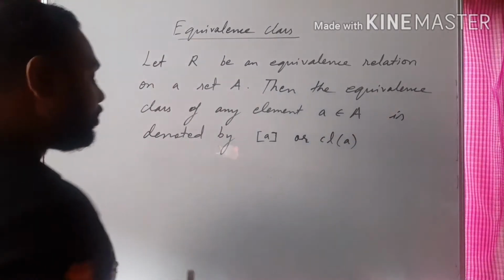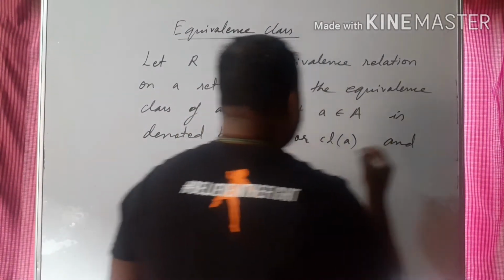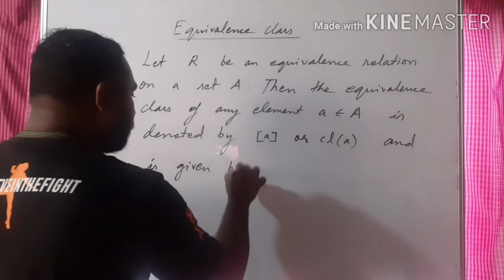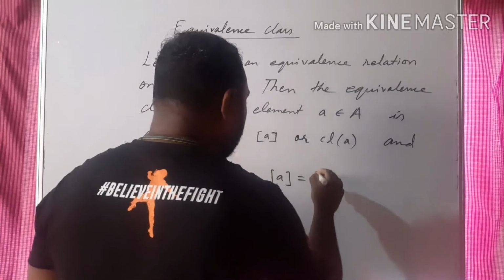So this will be the notation of the equivalence class of a, and it is given by, I am taking the first notation, the equivalence class of a.